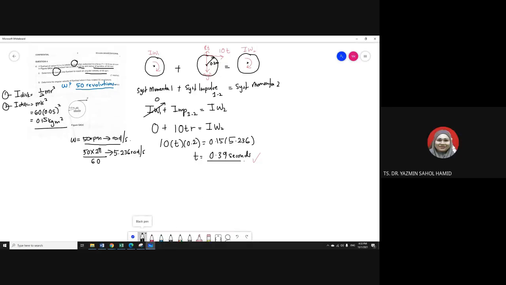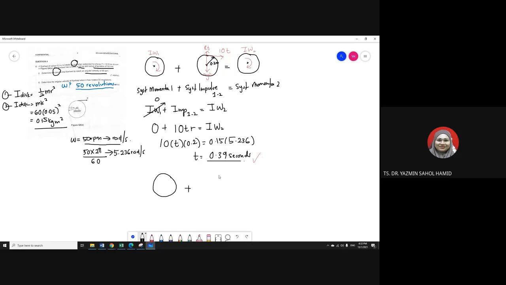Are you clear? You need to use work and energy. Yes. So for the second question, you need to use work and energy. It will be the same thing, where you need to draw the circle again.